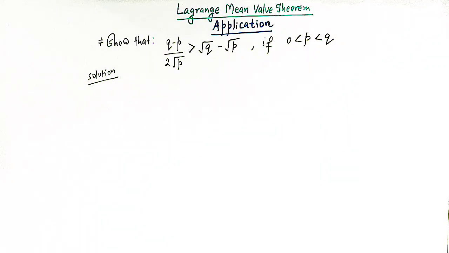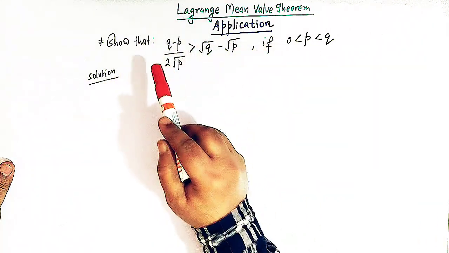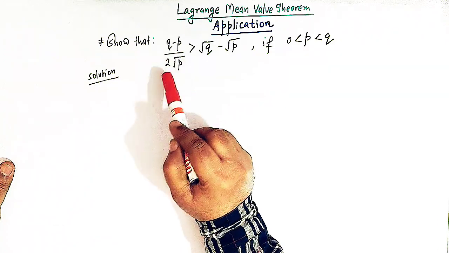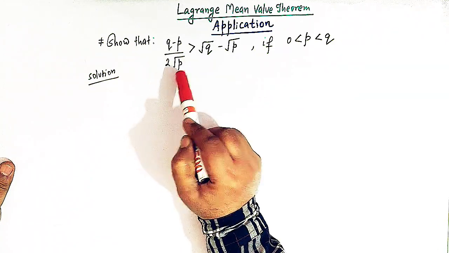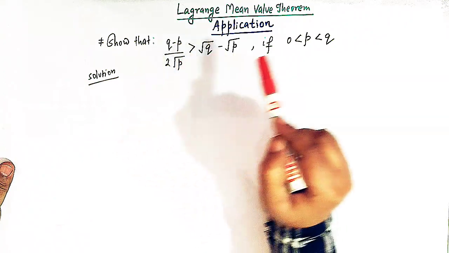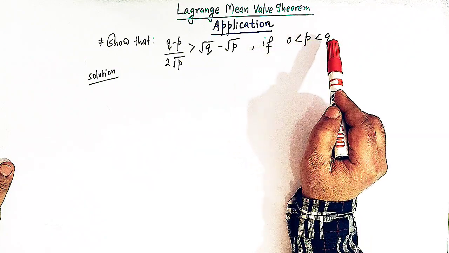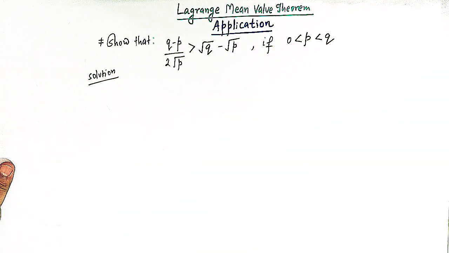Hello viewers, in today's session we are going to discuss another important application of Lagrange's mean value theorem related to inequalities. Here we have to prove this inequality: (q minus p) divided by 2 times square root of p is greater than square root of q minus square root of p, if p and q are both greater than 0 and q is greater than p.